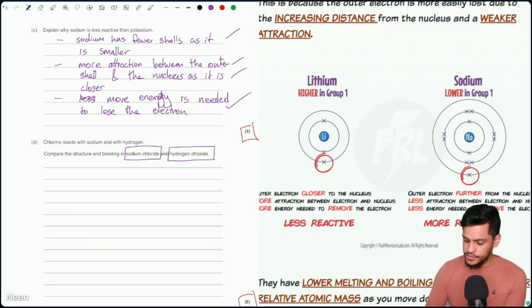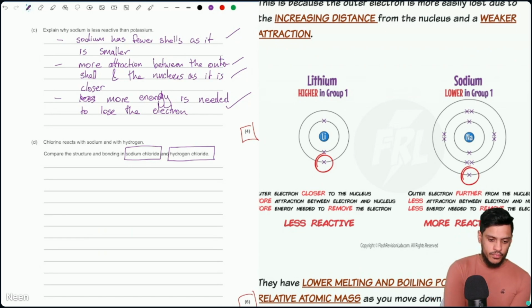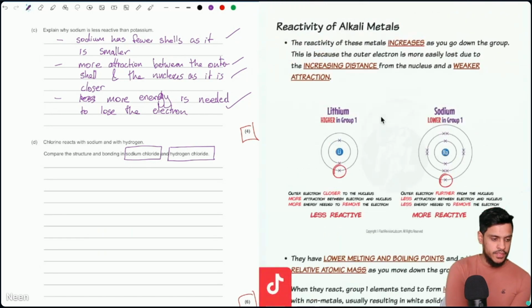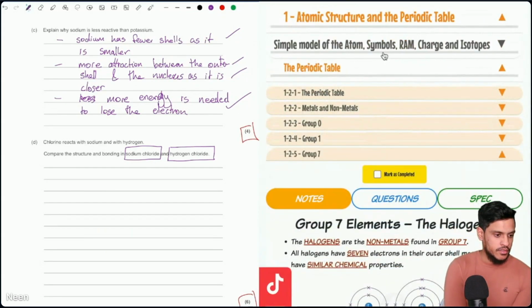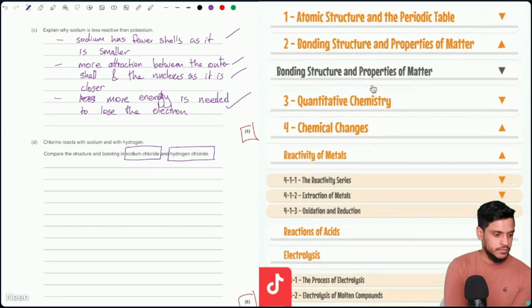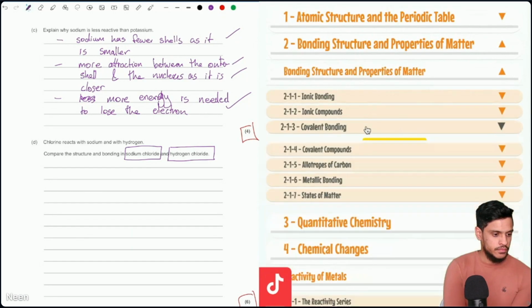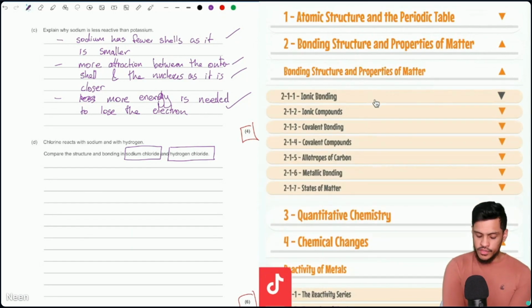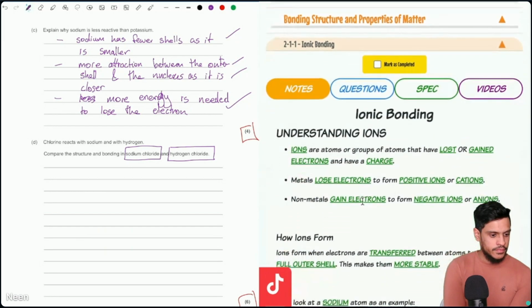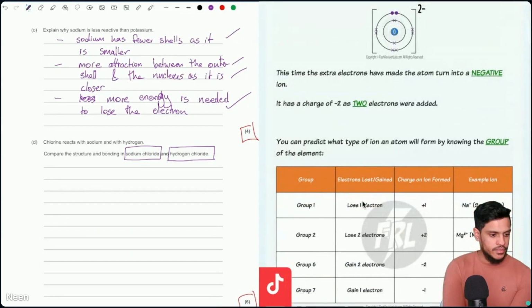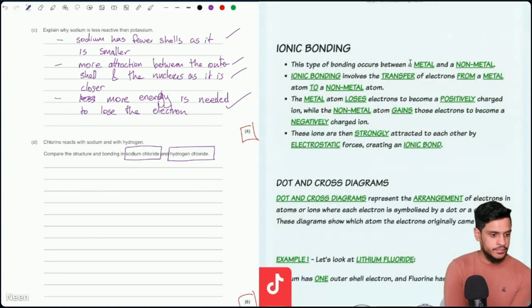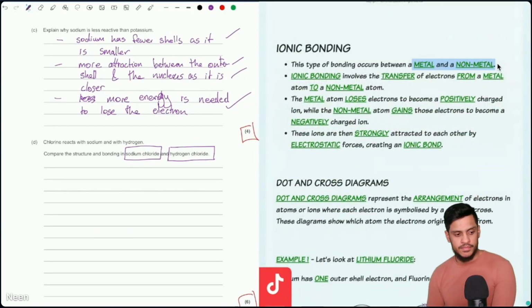Now look at the 6 marker we got here. Compare the structure of sodium chloride and hydrogen chloride. We need to identify what's the difference in bonding between those two. So they both have different bonding. Let's go into our bonding notes and see. So sodium chloride is between a metal and a non-metal. Ionic bonding is a metal and a non-metal.